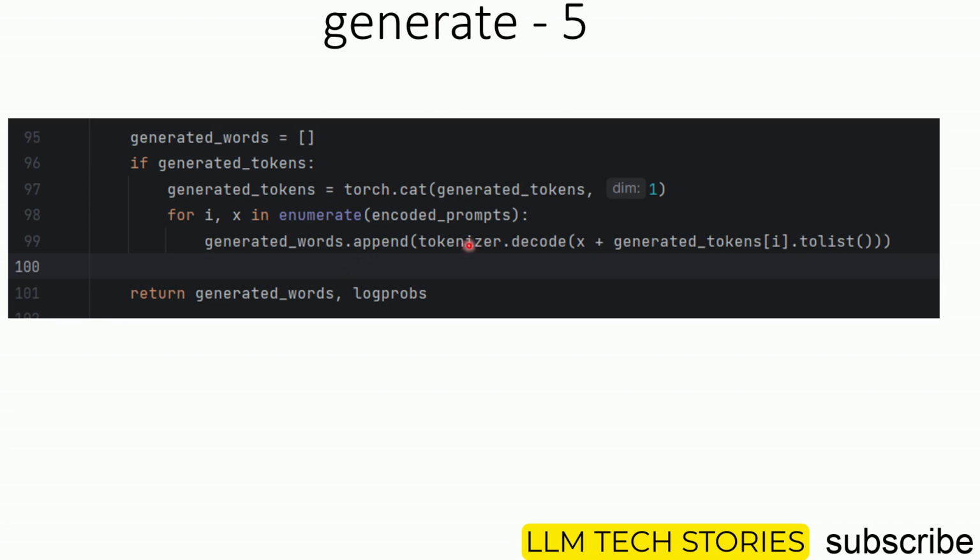Now if you need to go a little bit deeper into decode, what is happening is the token ID is converted back into words by mapping each token ID to its corresponding word or subword in the tokenizer's vocabulary. In the beginning of our generate function, we might have seen the model's vocabulary, right?